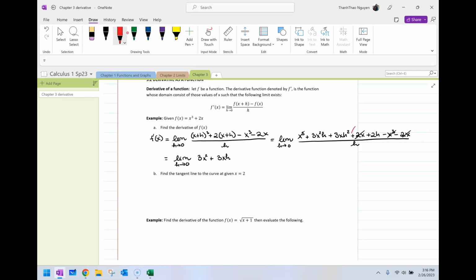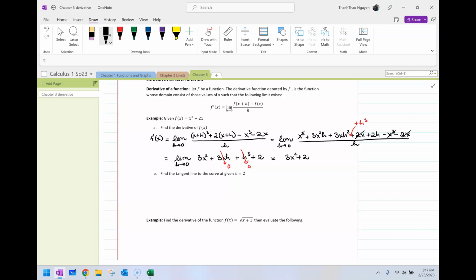We're missing an h squared term here. As h approaches 0, this becomes 0, this becomes 0. So then the derivative of f of x is equal to 3x squared plus 2.